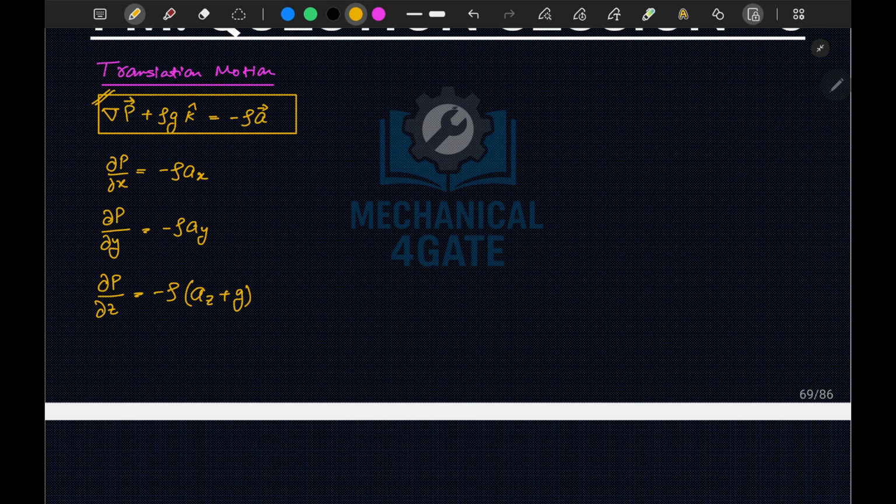Now this term collectively is called g effective, so minus rho g effective, the effective acceleration due to gravity.